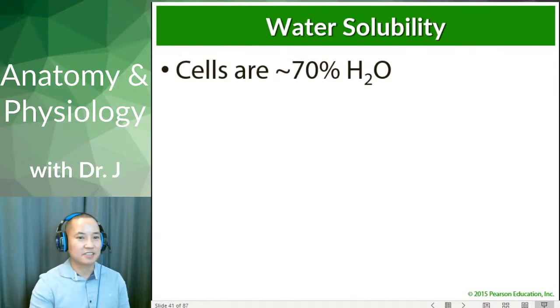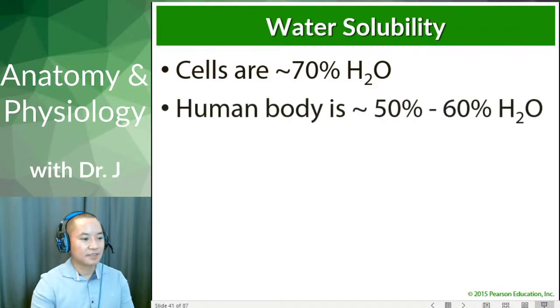Your cells are mostly water, approximately 70%. Now your body, depending on whether you're male or female, and also depending on your age, but don't worry too much about exact values at this point. It also depends on whether you're very muscular or have a lot of adipose tissue.